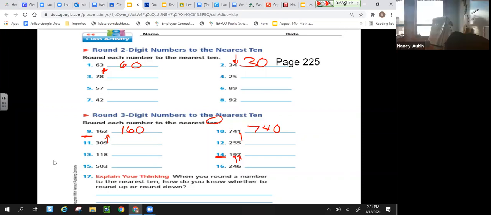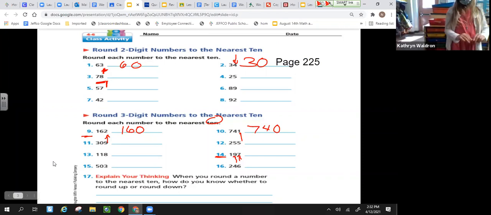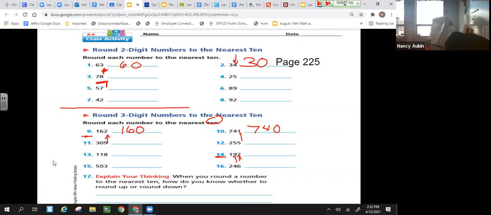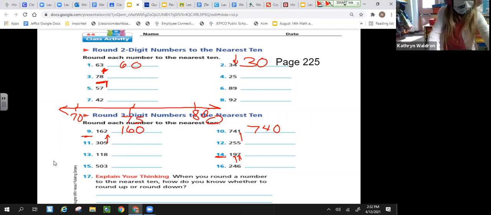Excellent. Okay, number 3, 78. Looking at the 8. What do you think, Ms. Katie? What would you round 78 to? I would round 78 to 60. Okay, so I'm going to draw you a picture. We're going to look at a number line. 78 is between 70 and 80. It's not near 60. 75 would be in the middle, and 80.